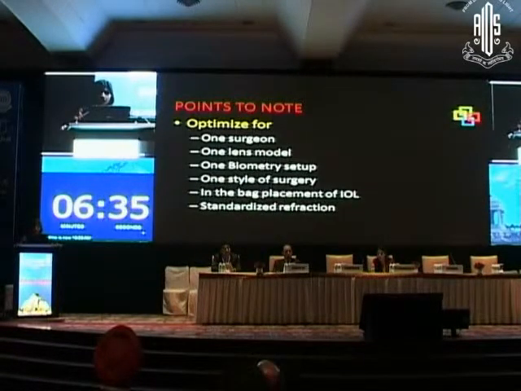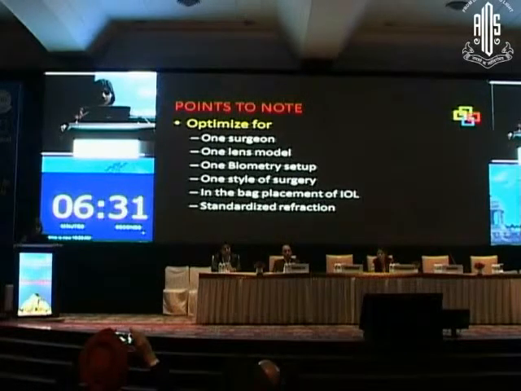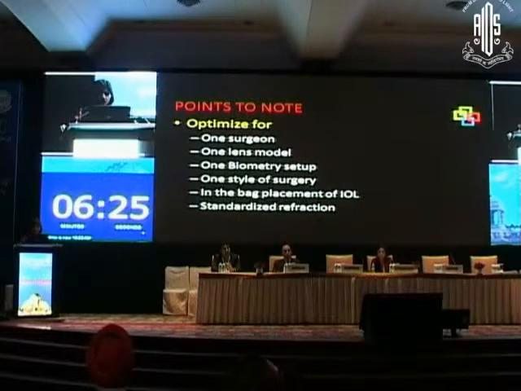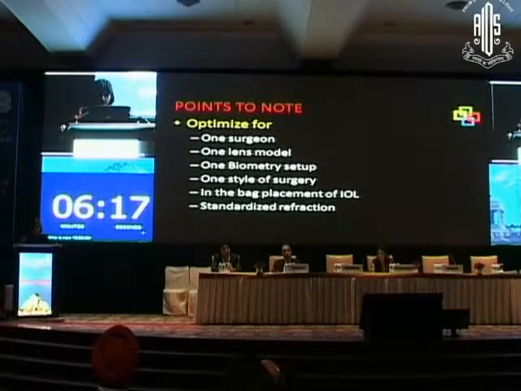The important points to note in this is you have to optimize for one surgeon. You cannot collate the data of multiple surgeons and then take out the constant. It is a personalized constant. One surgeon, one lens model, preferably one biometry setup. Otherwise, we will not be able to take out the systematic errors as we talked about.